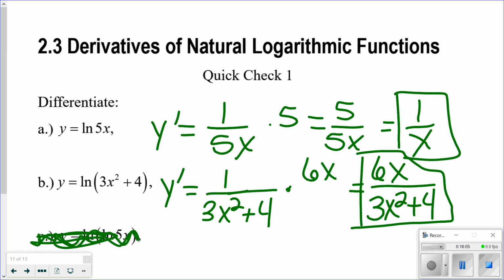All right, so there are the answers for those two. And that is where we are going to finish this lesson. So practice your natural log and e to a power derivative rules. And I will talk to you next video.